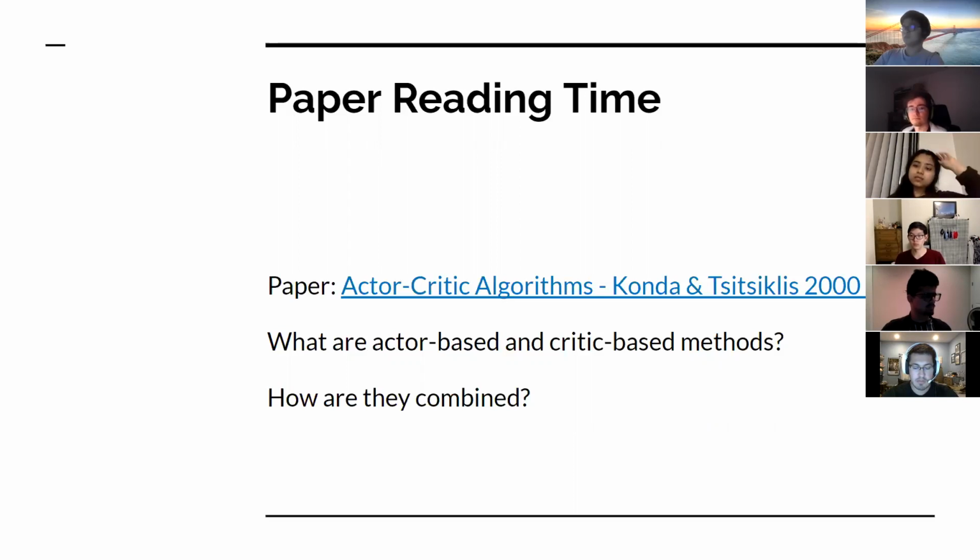And then the critic based method is you just sort of, like, it's not a policy based one. I don't quite remember what critic based version was, but I'm pretty confident that the actor based one is based off of a policy. Cool. The critic is based off values.